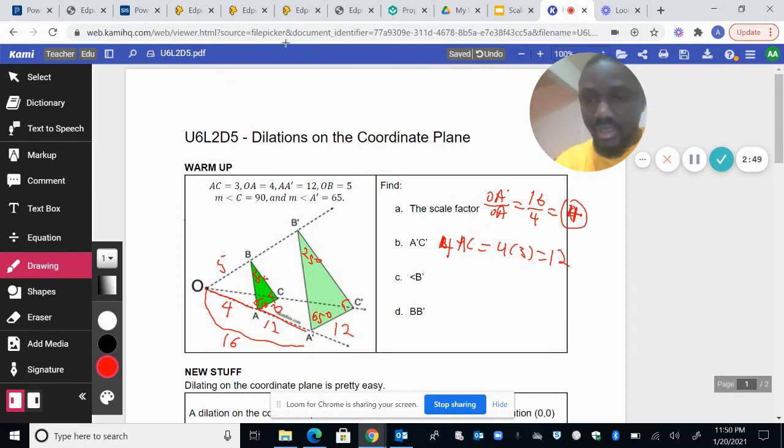And angle B prime is the same as B, so they are going to be 25 and 25, as we already have on our two triangles. So if OB is 5, OB prime will be 4 times 5, which is 20. So if you do 20 minus 5, BB prime will be 15.